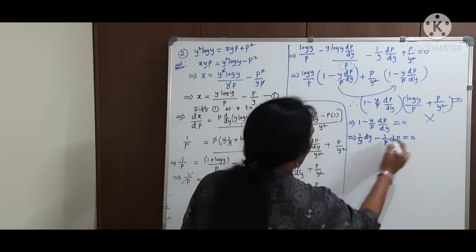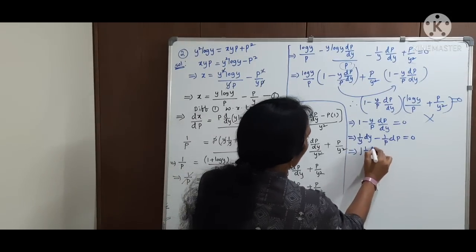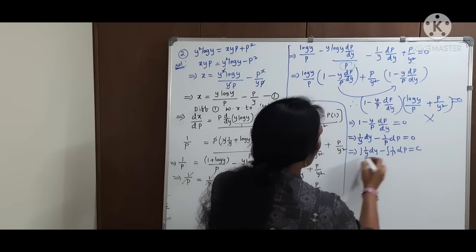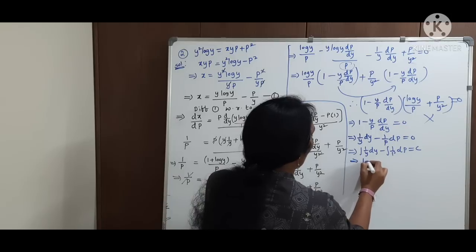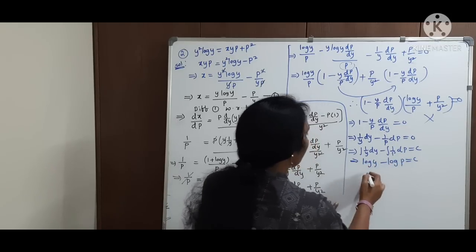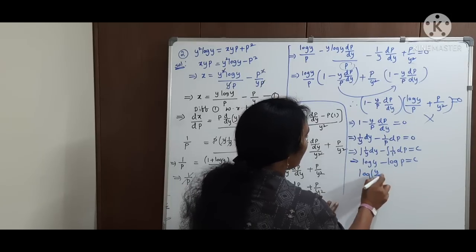Okay, then after that integrate both sides. Integral of 1 by y dy, integral of 1 by p dp is equal to c. This is what? Log y minus log p is equal to c. Then log a minus log b is log a by b.